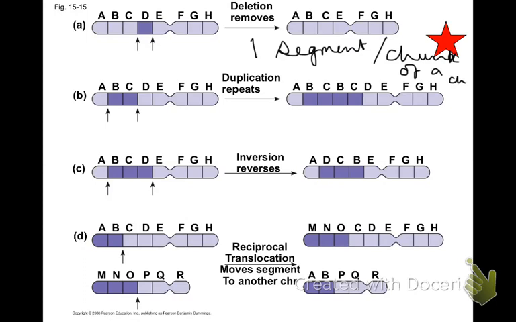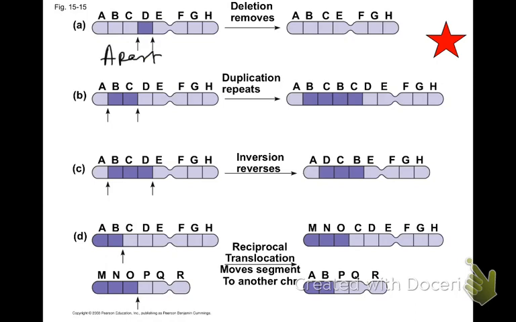So how you would see that here is, if I label along the length of the chromosome each chunk as A, B, C, D, E, F, G, H, and there is a deletion, meaning a part is deleted, and I end up losing that D gene, that means it's a deletion.